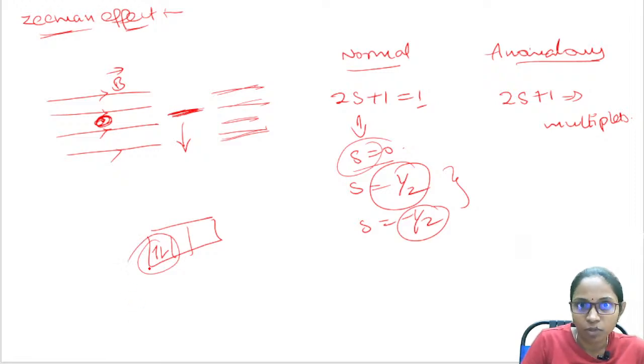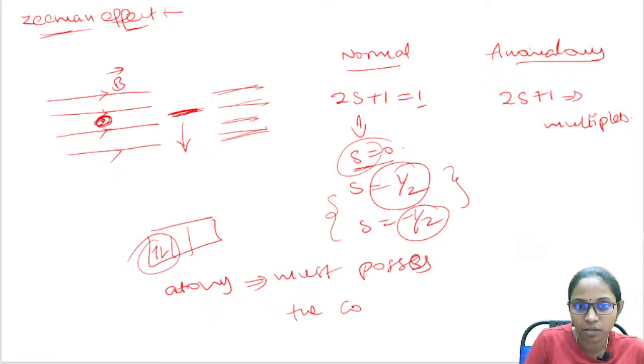Each subshell can be filled with 2 electrons. If the electrons are antiparallel to each other, then we have S equal to 0. That means the atoms must possess completely filled subshells.